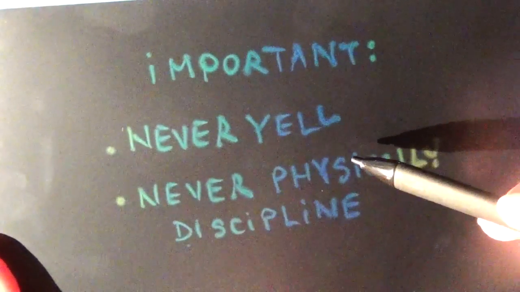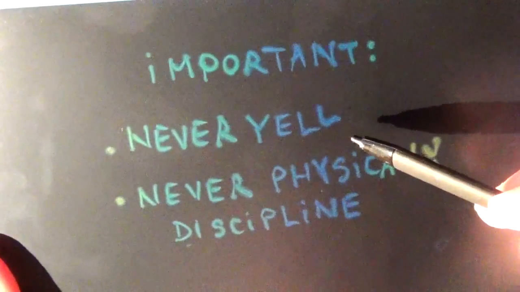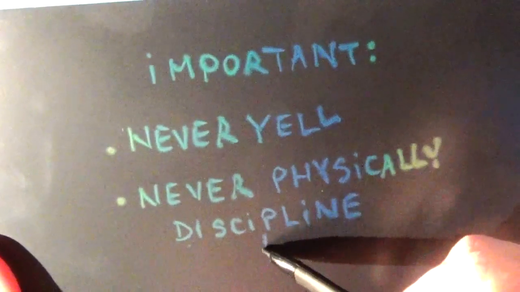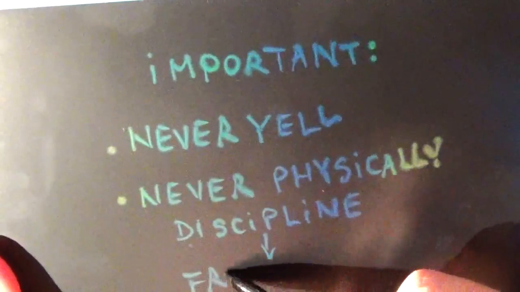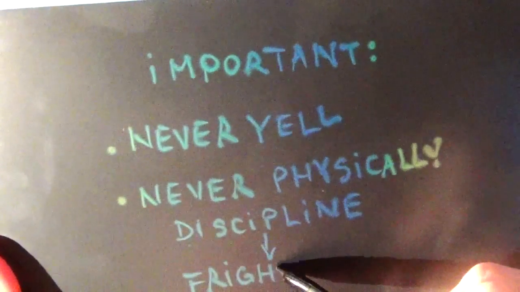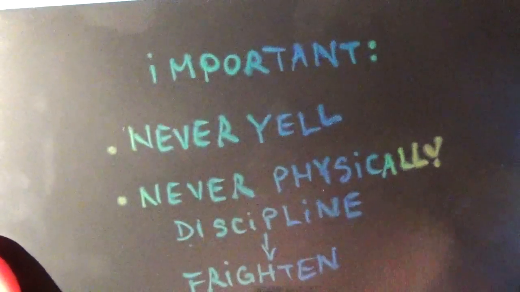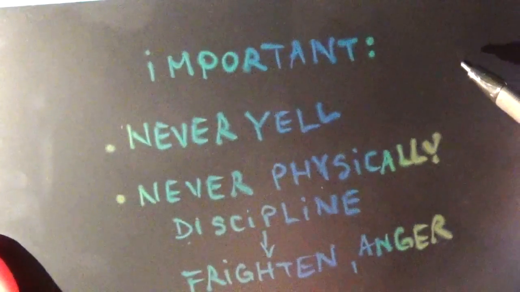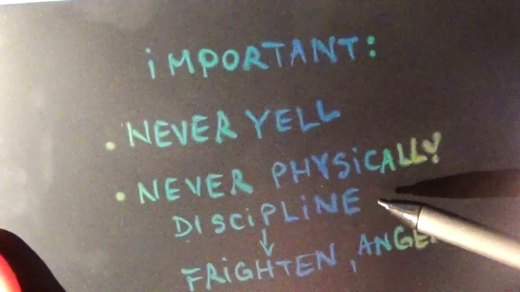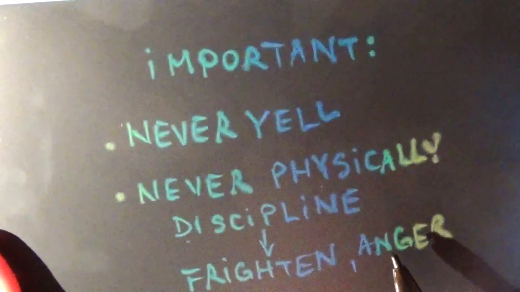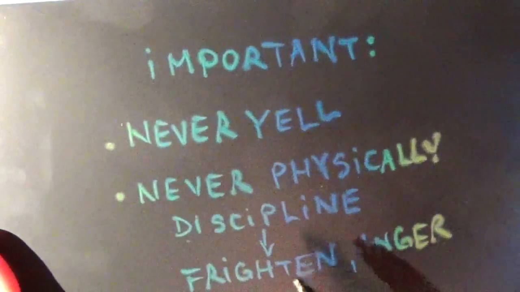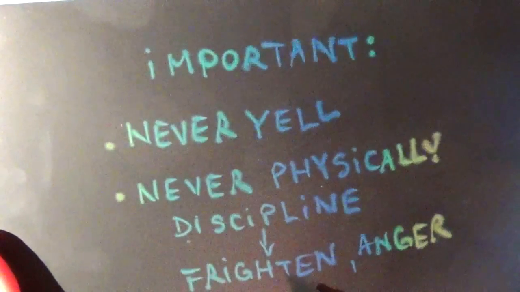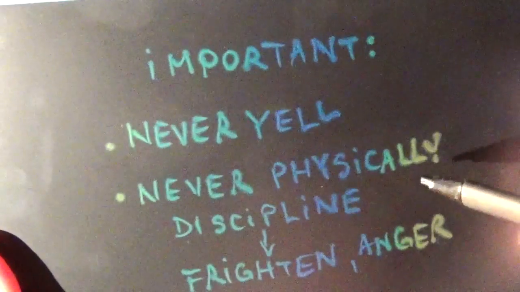Because this behavior only threatens and scares the cat. It can anger the cat. So if you yell or hit the cat, it will become frightened or angered. It could scratch you if it becomes angered. Or if it's frightened, it will simply run away and avoid contact. And this is counterproductive in interacting with a cat.